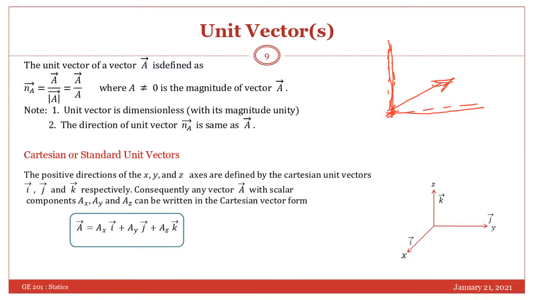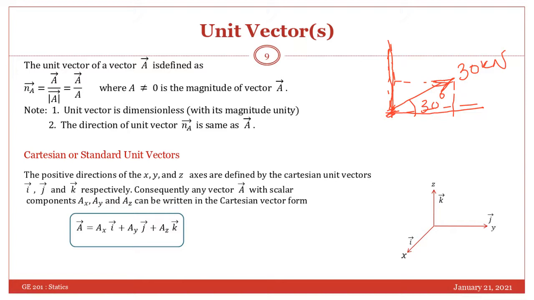Now suppose this is the force of 30 kilonewton, and I want to convert this into vector form. So how will you do now? Say this angle is given to you, 30 degree.